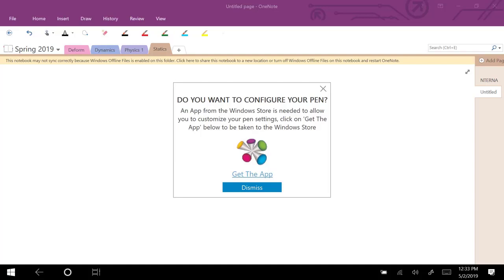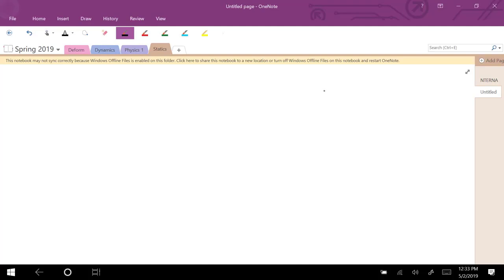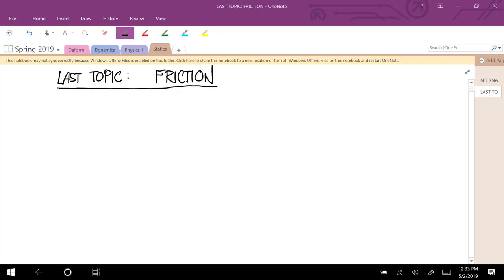Today we're going into the last topic, and that is friction. We're going to do three different types of friction.